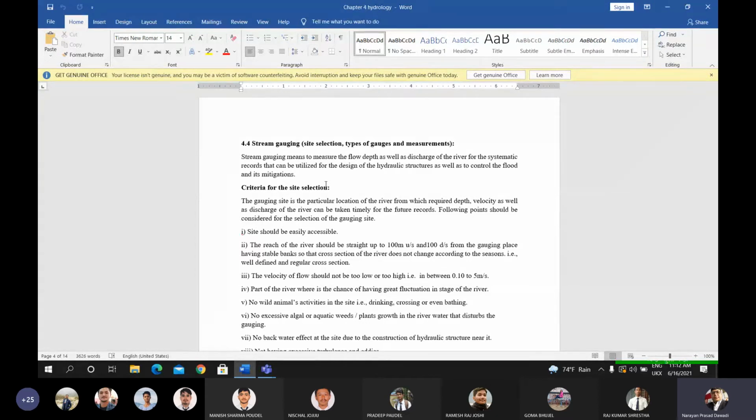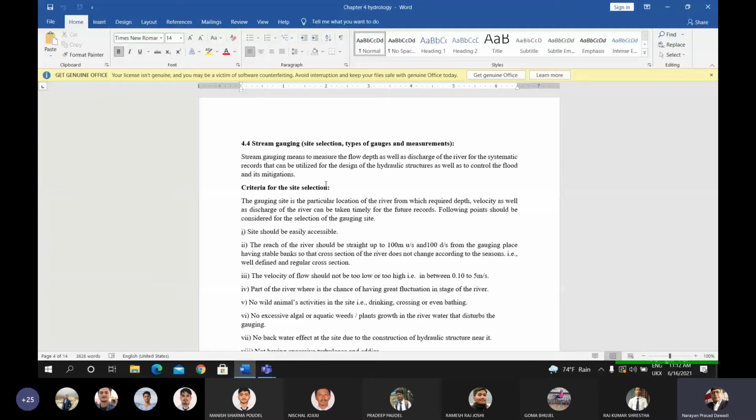So for stream gauging, the site must be very stable. The site must be stable and straight. There must not be very low velocity or very high velocity. The site must not be affected by the backwater effect. That site must not be obstructed by vegetation or aquatic weeds and plants, and there is no erosion of the banks due to the flowing water.